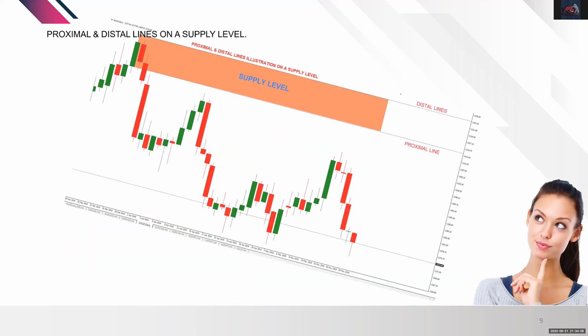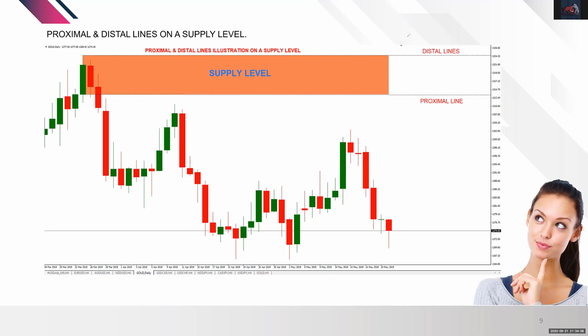Right, so proximal and distal lines on a supply level. You can see we've got our supply level highlighted there. This is our last up candle. Remember, to draw a supply, you need to highlight the last up candle and the candle that massively moves away from the zone, to define your supply.